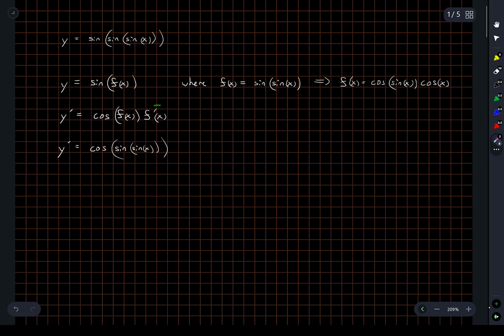And then I need to multiply by f prime of x, which we've computed up here. And we have then cos of sine x times cos x. So that's the answer. This is the derivative of the original expression we started with.